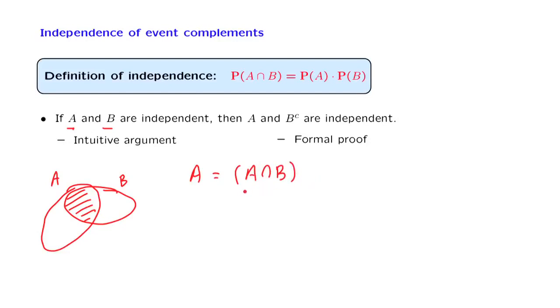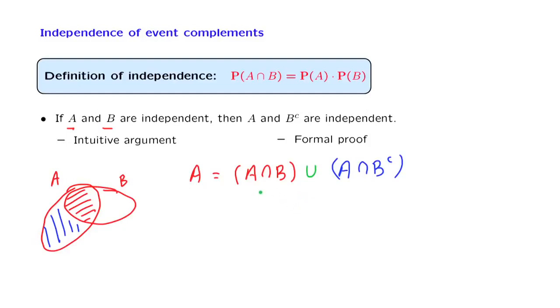And the second piece is the part of A which is outside B, and that piece is A intersection with the complement of B. So these are the two pieces that together comprise event A.